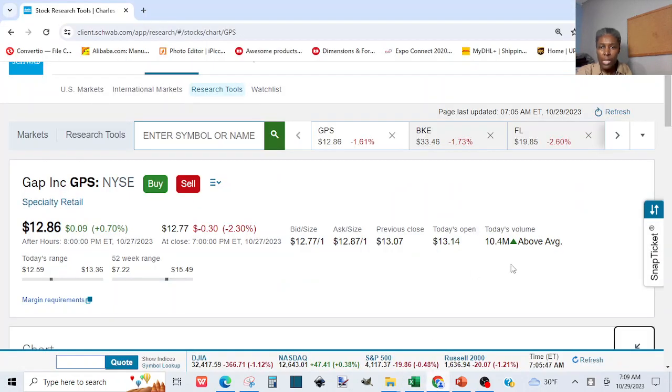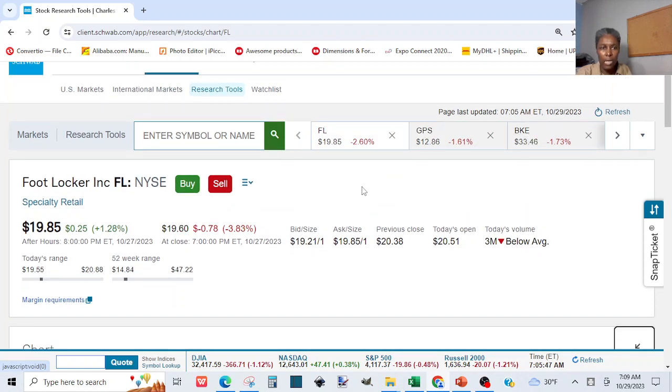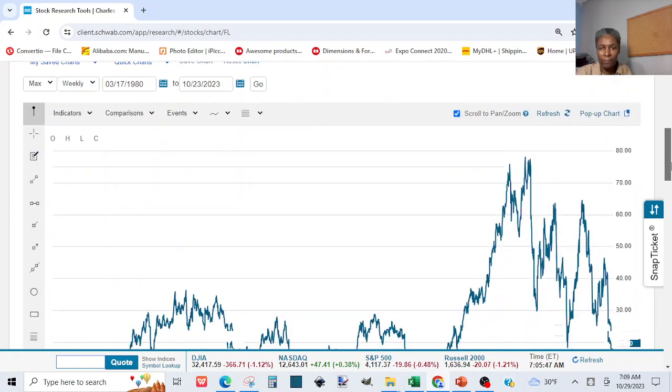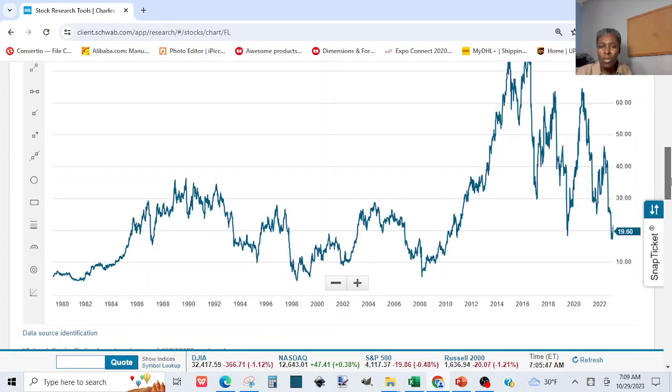So now let's compare those to Foot Locker. Foot Locker, if you want to buy, is close to the 52 weeks low, so that'll be a good time to buy as well. But let's look at the chart again. It's just this one that I'm not okay with, the dip, because the dip can be very low, close to the original price.